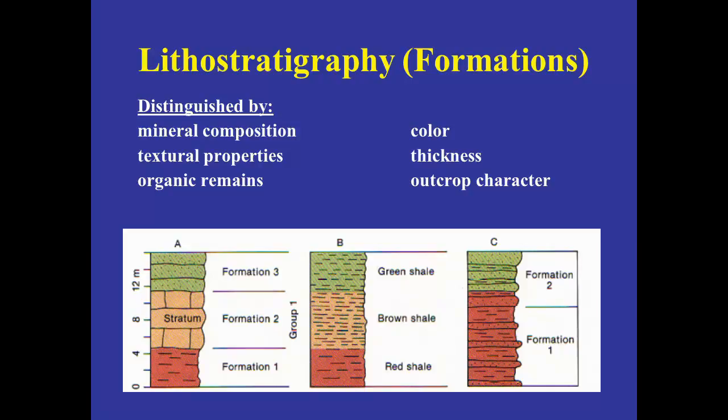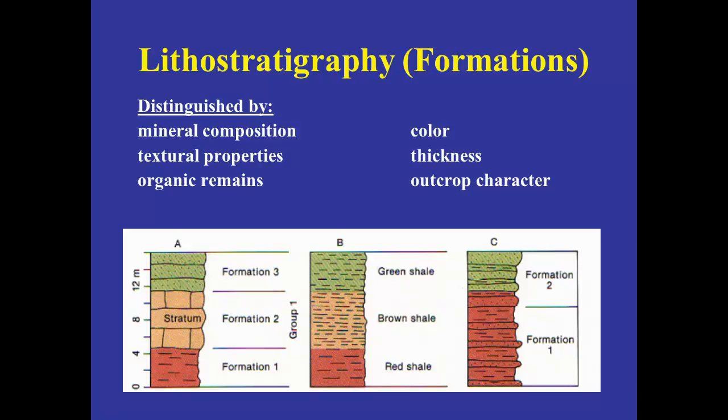Yeah, notice that in Formation 1, the sandstone layers are thinner than the shale units, whereas in Formation 2, it's just the opposite. The sandstone units are thicker than the shale units. We're looking at C. In C, we can distinguish Formation 1 from Formation 2, even though the entire sequence consists of interlayered sandstones and shales.